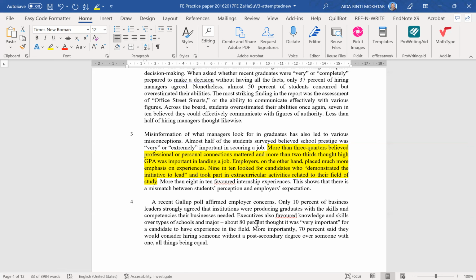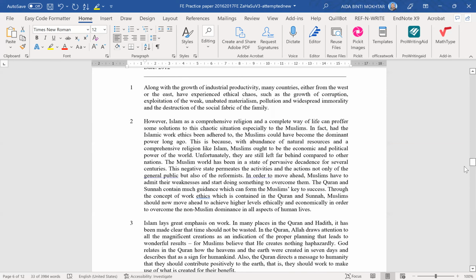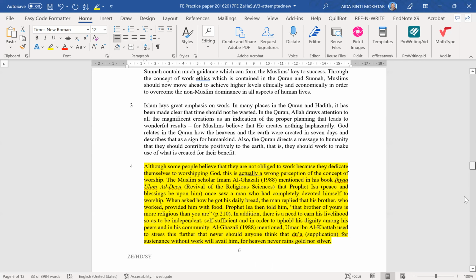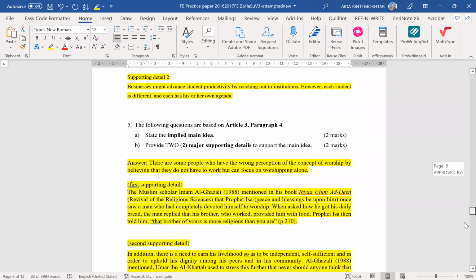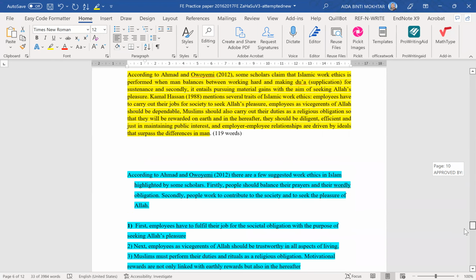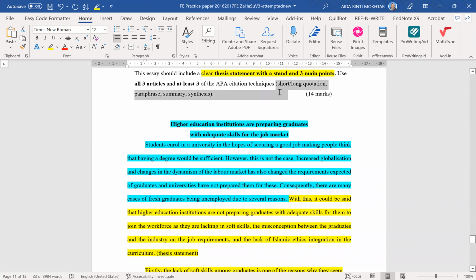I would think it would be APA 7th edition citation techniques. From this question, she's obviously talking about summarizing, synthesizing, and paraphrasing. So this would be what she wants you to do when she asks about APA citation techniques.